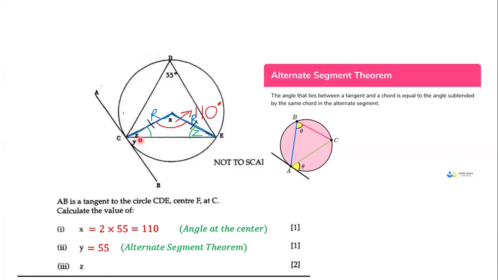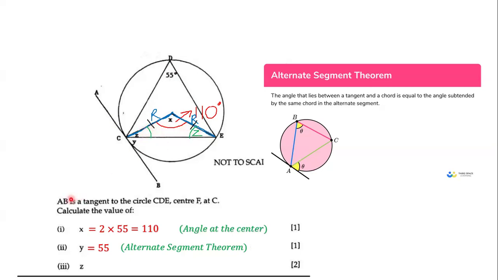Now, what do we know? We know that X is 110 degrees, and we also know that angles inside a triangle add up to 180 degrees. So we're going to take 180 minus 110, and whatever our result is, we divide it by 2, because these two angles are the same.